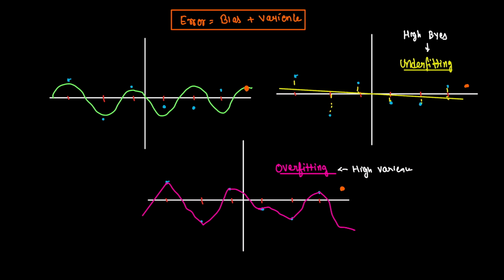Now suppose we took a new data point here. A good classifier classifies it correctly. But in underfitting, for this data point or that data point, we see a very large difference.